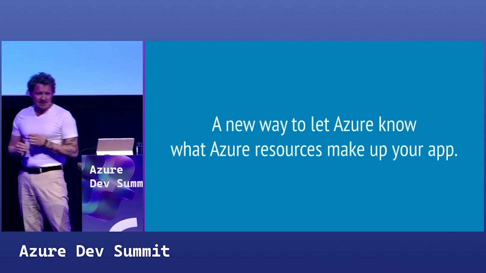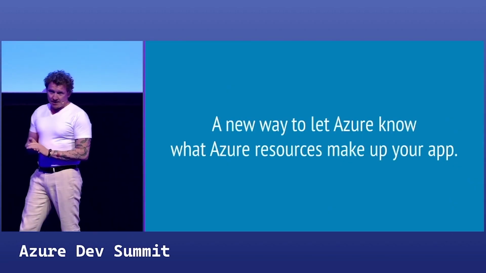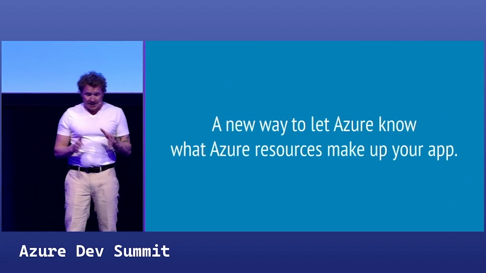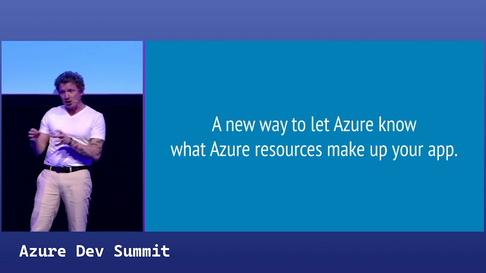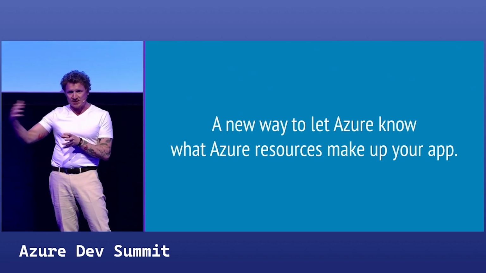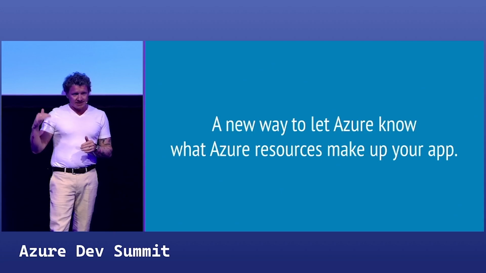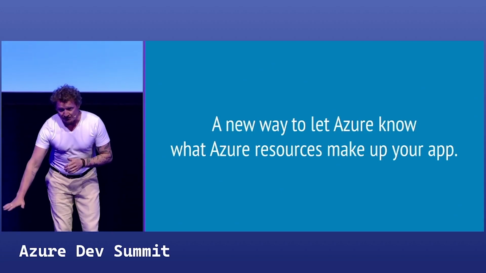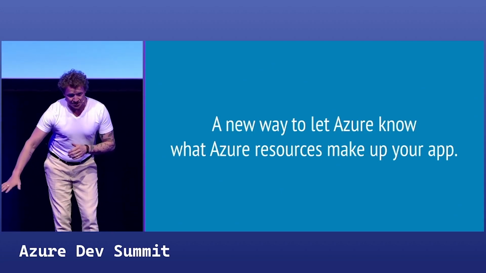This session is about three things. It is about a new way to let Azure know what your resources are in terms of what resources make up my application. This is something coming out from Azure governance, like the base plate of Azure, right?